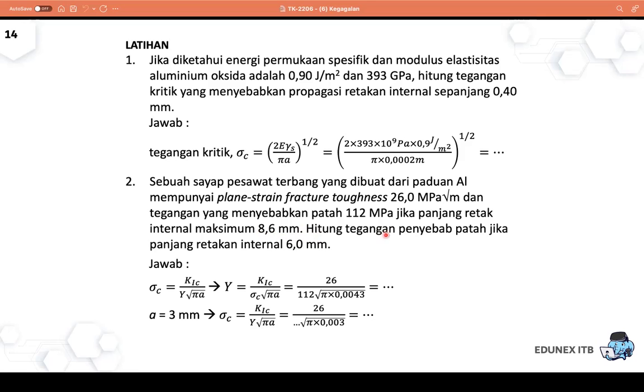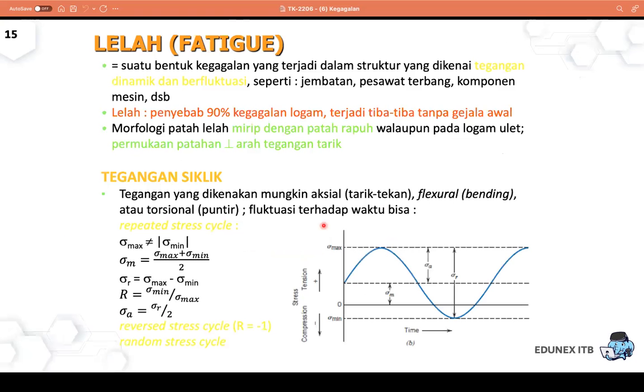You have to calculate the stress that causes fracture, tegangan penyebab patah, if you have an internal crack of around 9.0 millimeters. I have given some clues, so you can just try it by yourself and do the calculation, and you should be able to do that. Okay, so now let's continue with the next topic, which is fatigue.